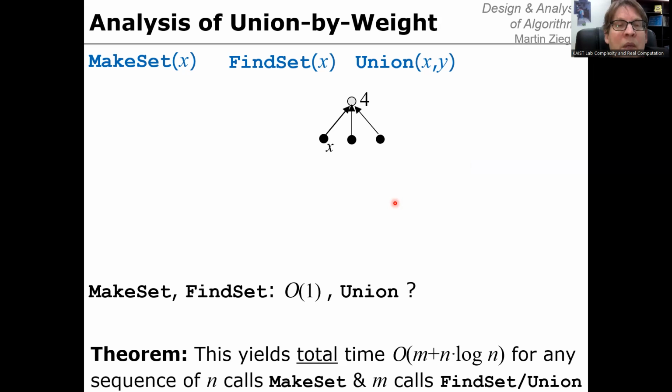So that means, when does a pointer from a certain element get updated at all? Well, if the element belongs to the larger set, then it does not get updated at all. It gets updated and thus incurs cost only when this element belongs to the smaller of the two sets, or when we have to break ties if both sets have equal size.